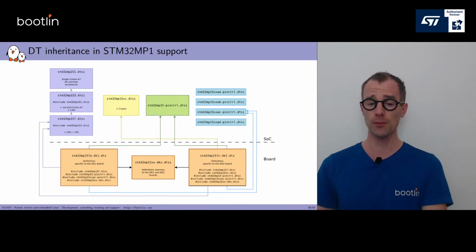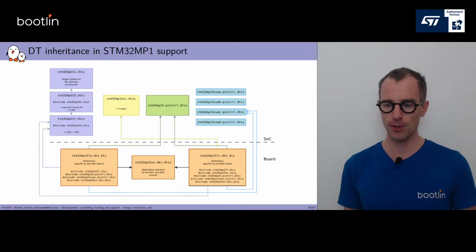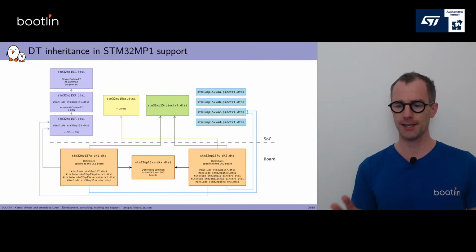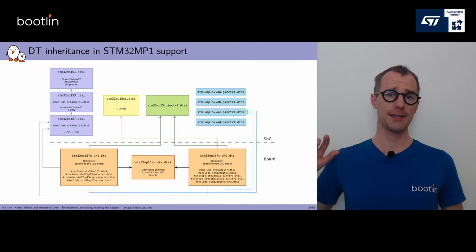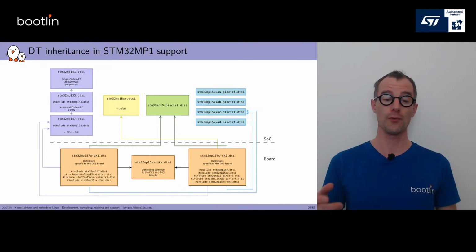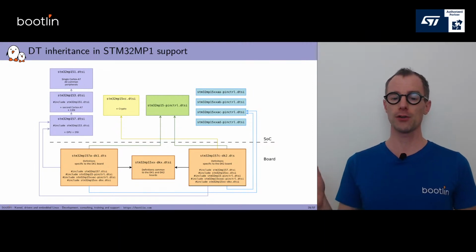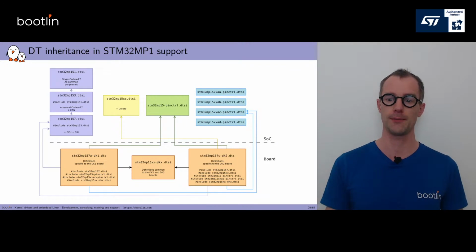The DK2, on the right side of the picture, does pretty much the same, but not quite exactly the same. Indeed, the variant of the SoC used on the DK2 has security features. So in addition to the 157, it's going to include this 15xc.dtsi, which describes the crypto engine.